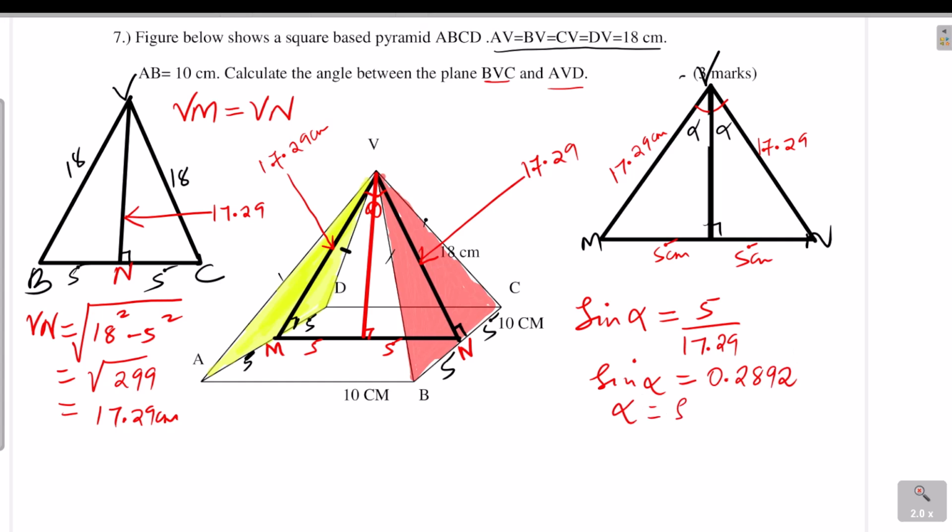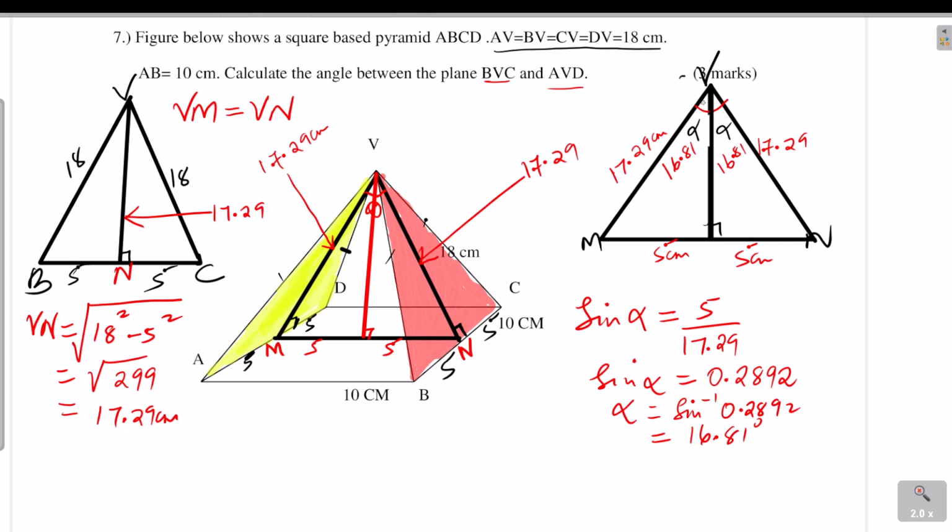So alpha equals sine inverse of 0.2892. Get the sine inverse of that, and that will give 16.81 degrees. So that means this angle here is 16.81, and this one again is the same, 16.81.